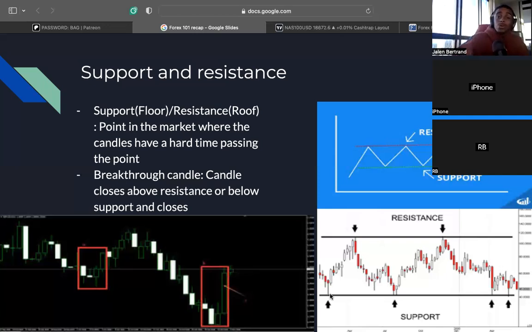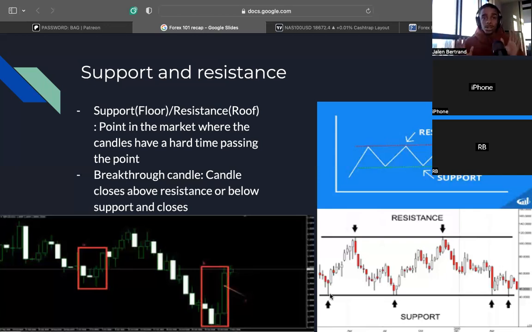If I throw the ball at the roof and it bounces down, then we're selling, because we want to sell at resistance, at the roof. We're expecting price to go down. The ball is coming down. So when we sell, we're expecting price to go down anyways. So resistance, sell. Resistance is the roof. If we throw something at the roof, it's going to come back down.